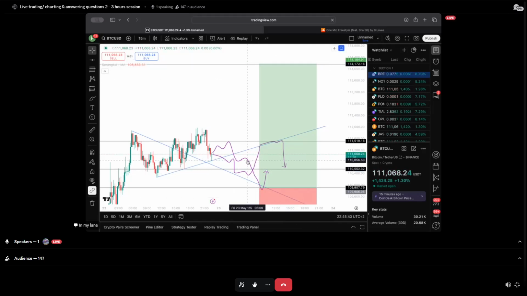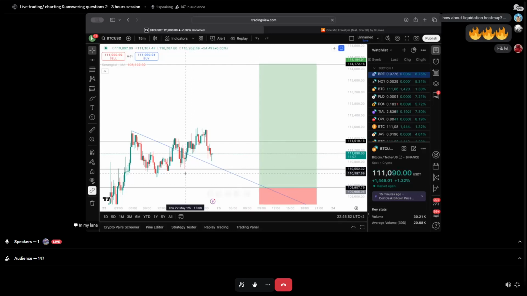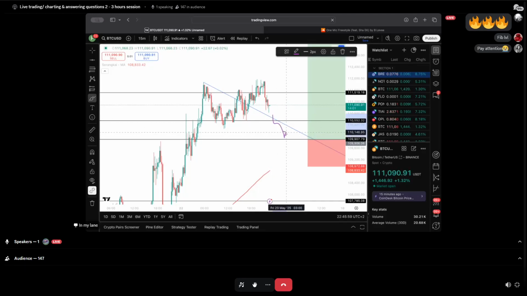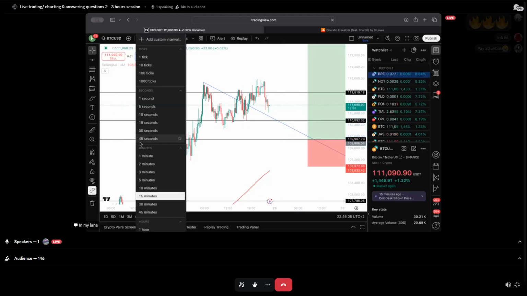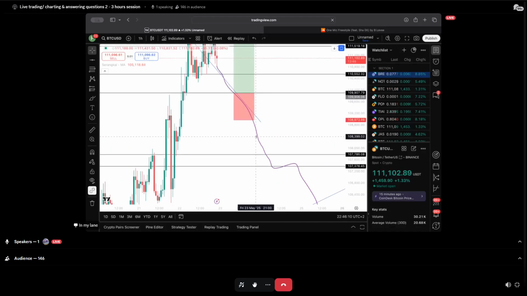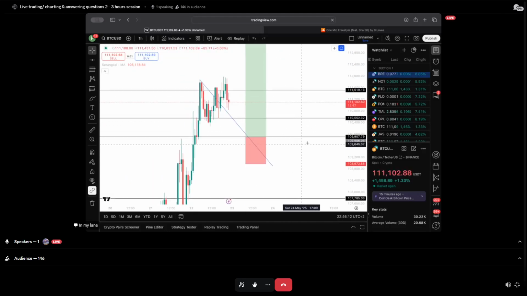Okay, like that. So we would sweep the range low here, then back up. It's very simple. Yeah, it should work.